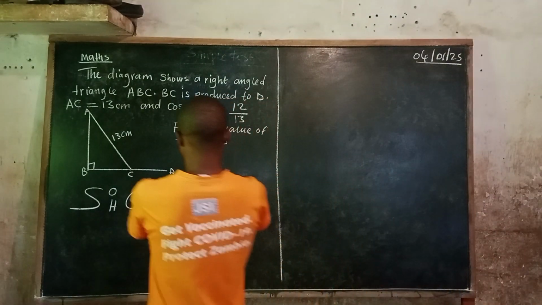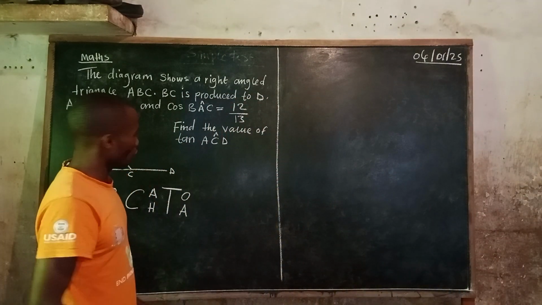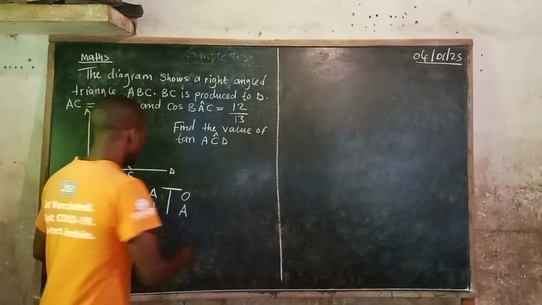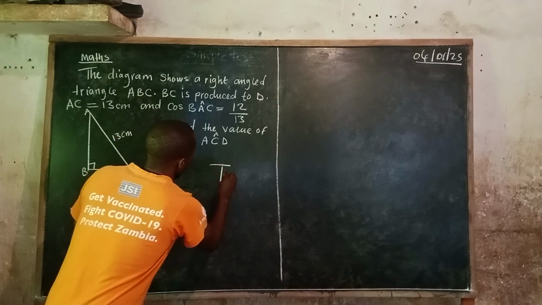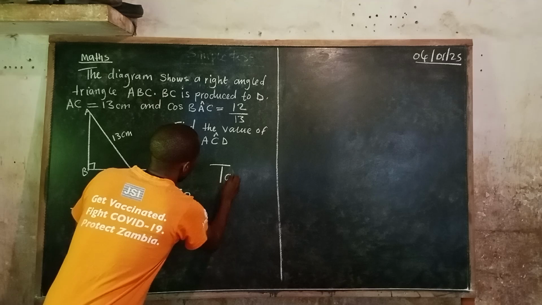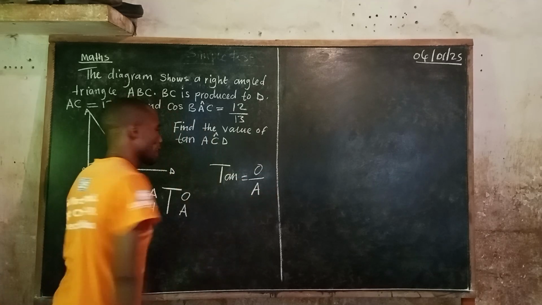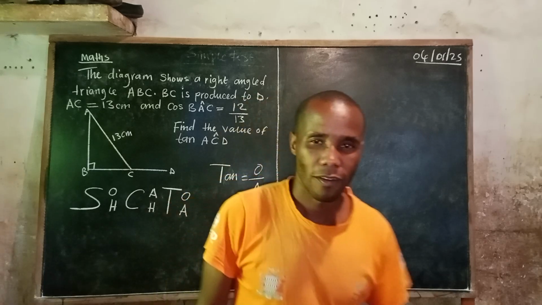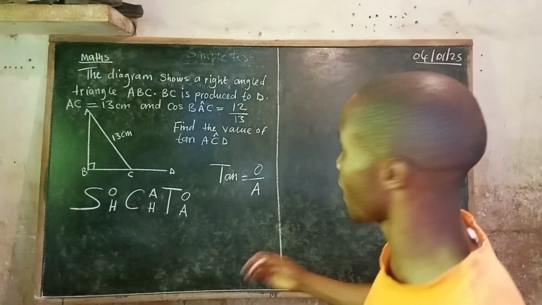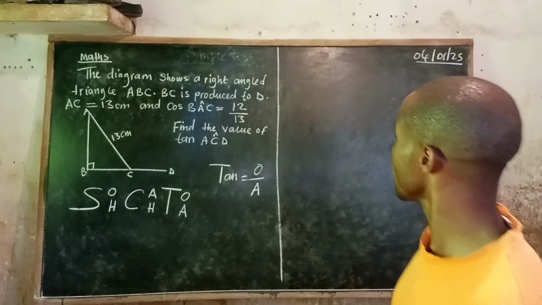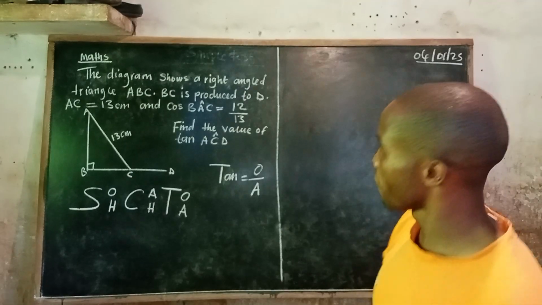So the ratio for tan is equal to opposite over what? Adjacent. So now, let's get back to the diagram and see the sides which we are given.